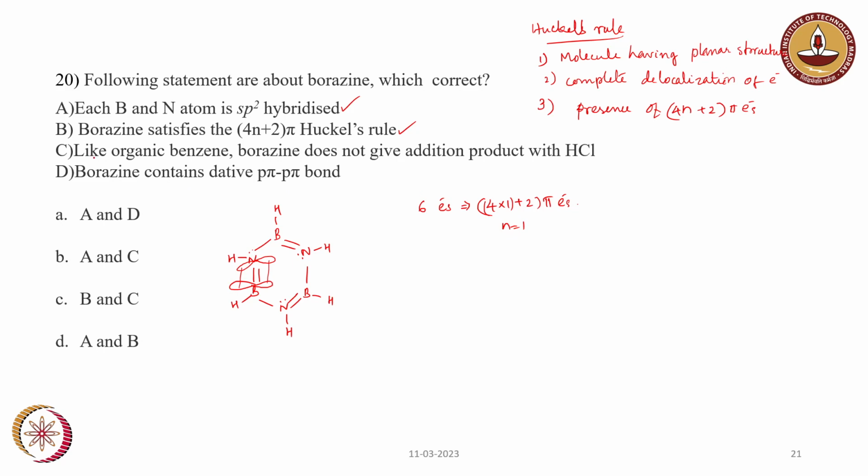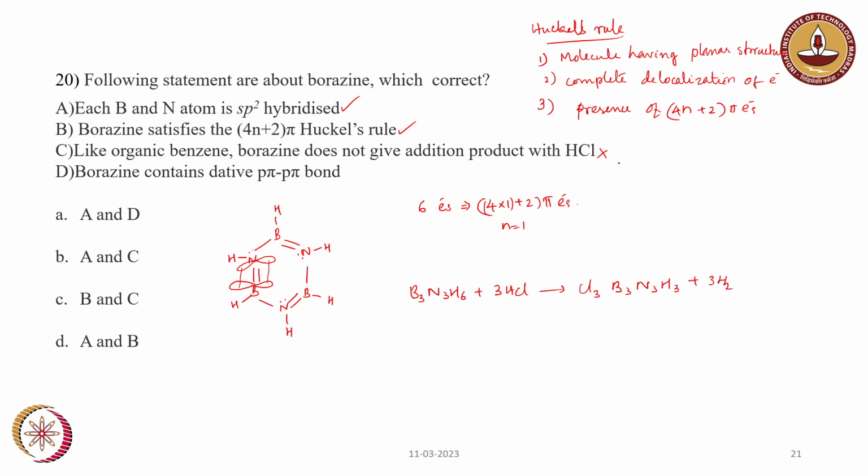Option C is, like organic benzene, borazine does not give addition product with HCl. This statement is wrong, because borazine reacts with HCl. B3N3H6 plus 3HCl will give trichloroborazine, Cl3B3N3H3, plus 3H2.